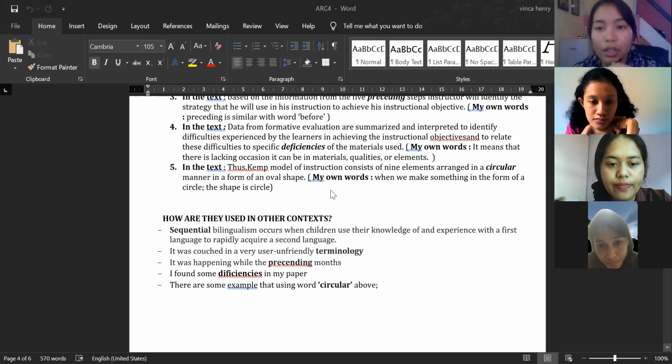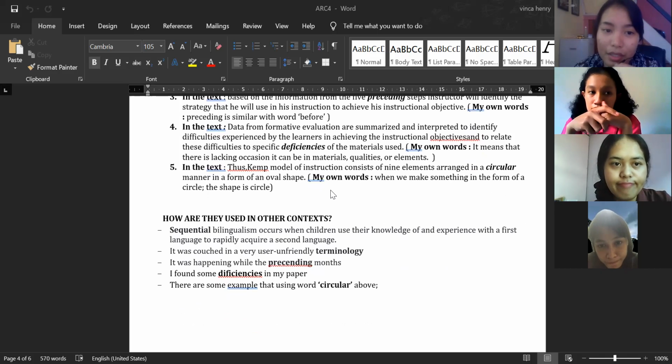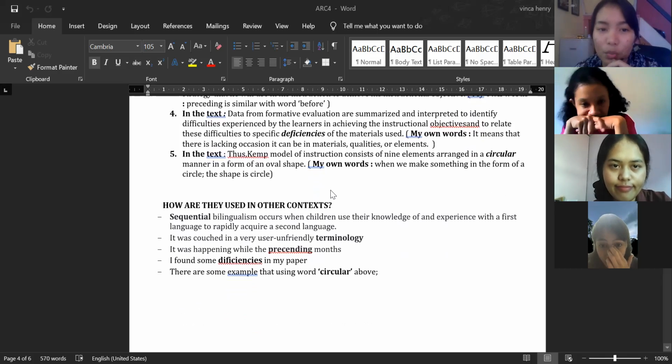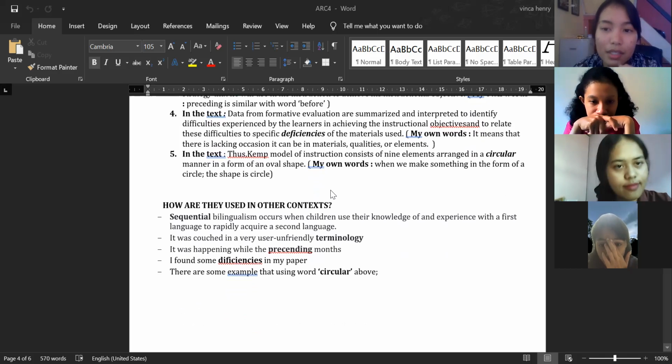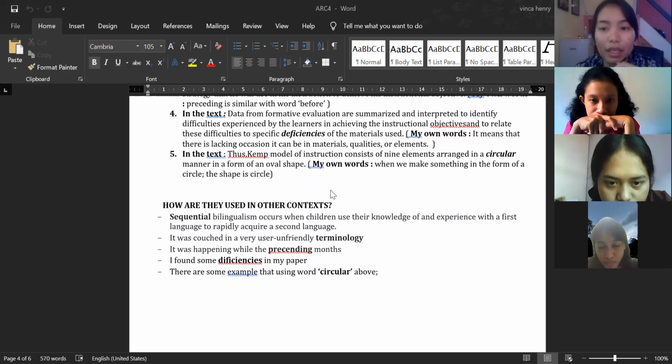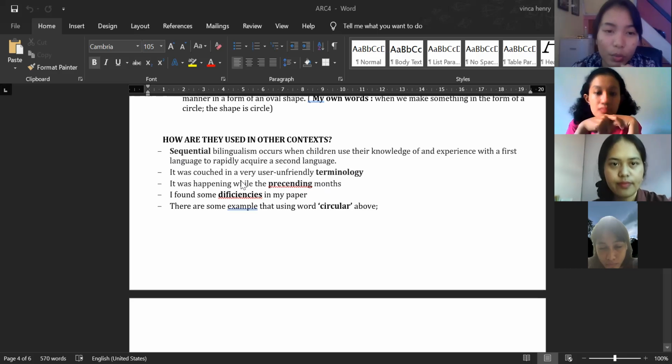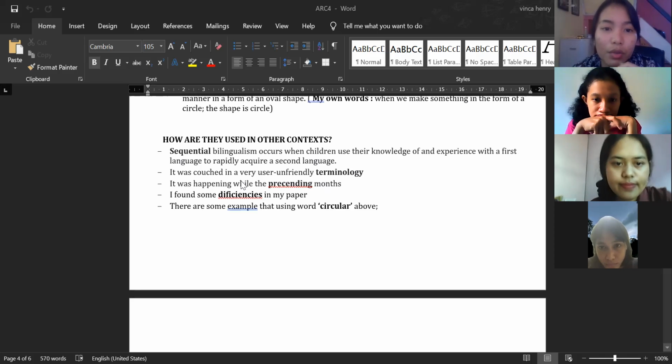In my own words, it means that there is a lack, which can be in materials, qualities, or elements. And last one, circular, means that when we make something in the form of a circle, the shape is a circle. So last question, how are they used in other contexts?